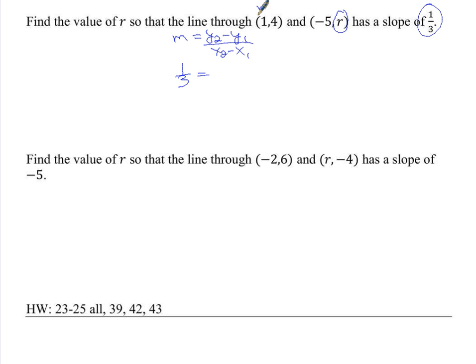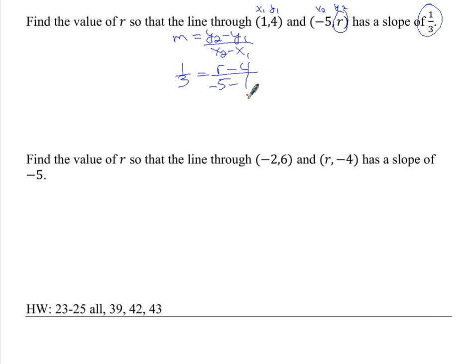So I can label this x1, y1, x2, y2. So what's y2? r. Minus, what's y1? 4. Divided by, what's x2? -5. Minus, and now go looking for x1, which is 1.